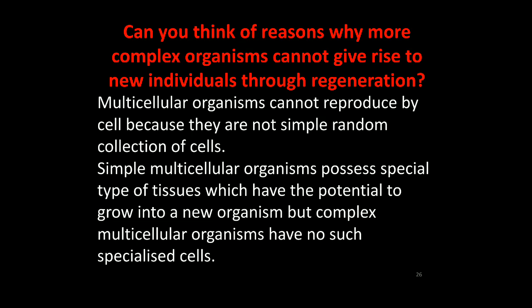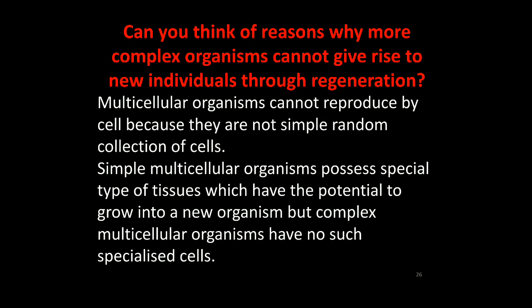Why can't my body part become one organism itself? Only small organisms have the capacity, like planaria and hydra, they only have this regeneration. Multicellular organisms cannot reproduce by regeneration because they are not a simple random collection of cells.